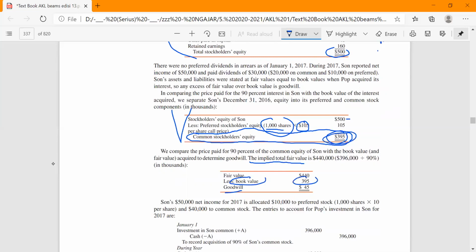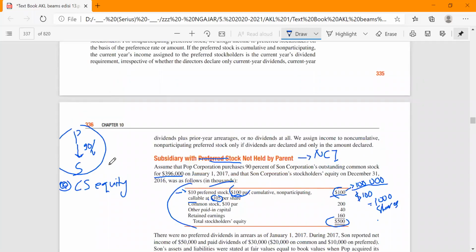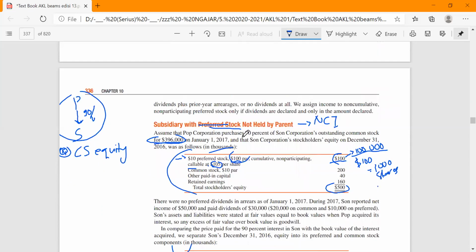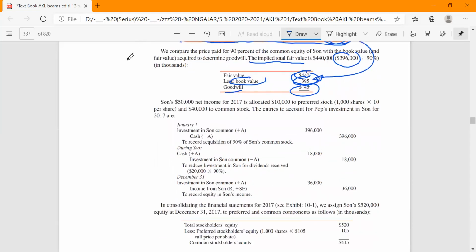This is the book value, and the implied fair value comes from the cash amount that P paid for purchasing S, which is in this part, divided by the ownership percentage, 90%. So we get a number, and this number minus this number is 45. Okay, so that's the goodwill amount.